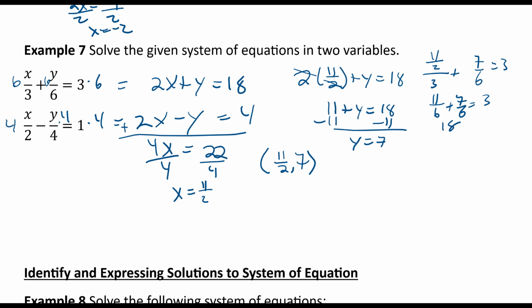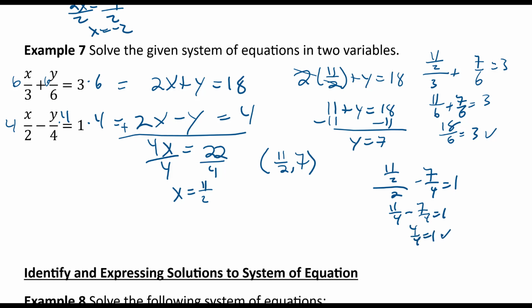So it's 18 over 6 equal to 3. Yes, it is. And then 11 halves over 2 minus 7 over 4, is that equal to 1? So that's going to be 11 over 4 minus 7 over 4 equals 1. So that's 4 over 4 equals 1.